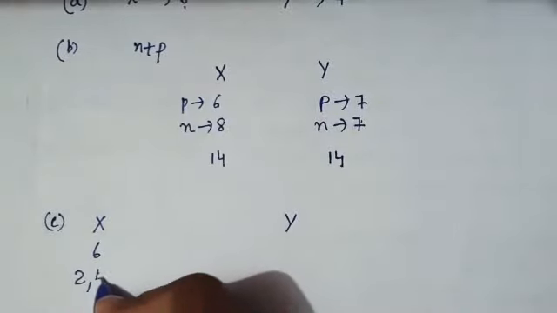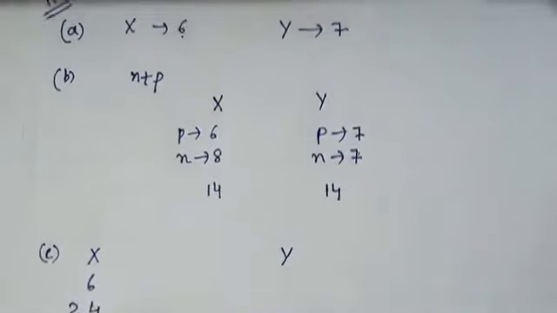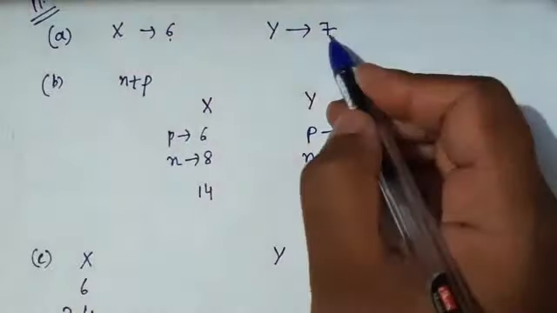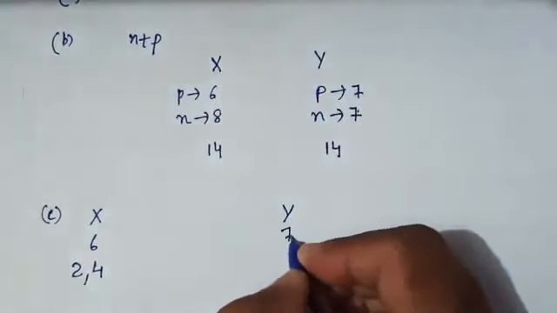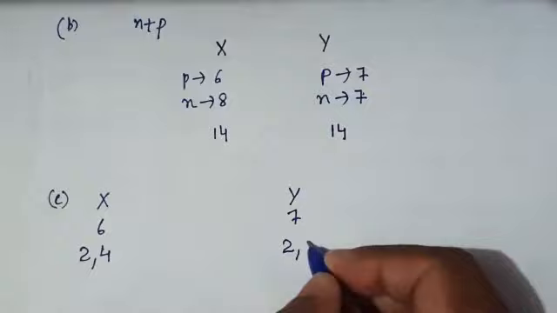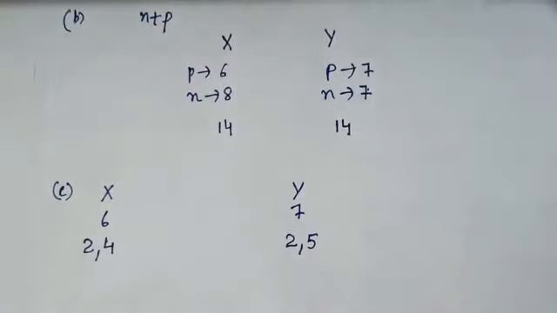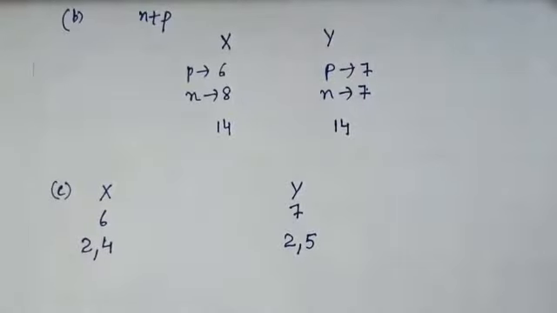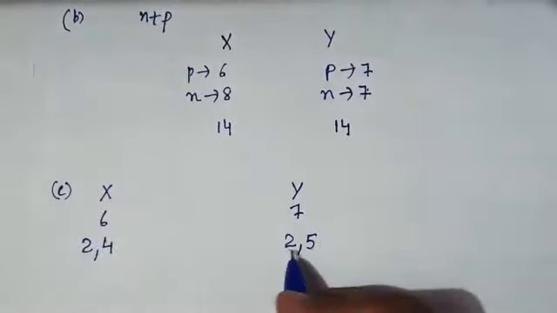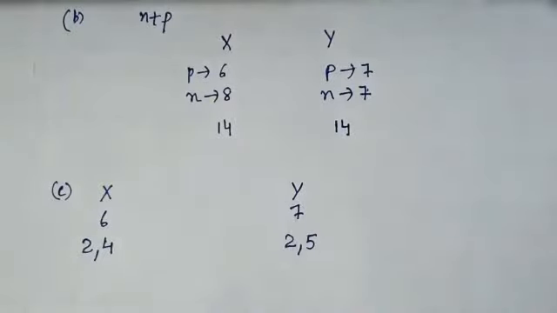It will be 2 and 4. For element Y, number of protons is 7. So write down the electronic configuration. It will be 2 in the first shell and 5 in the second shell. So the answer is 2, 4 for X, 2, 5 for Y.